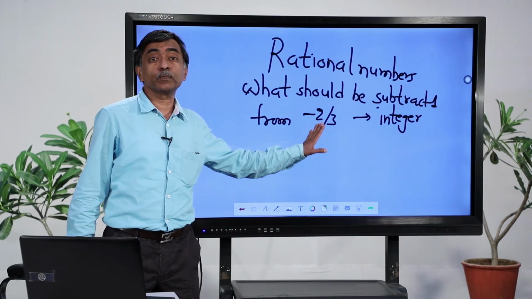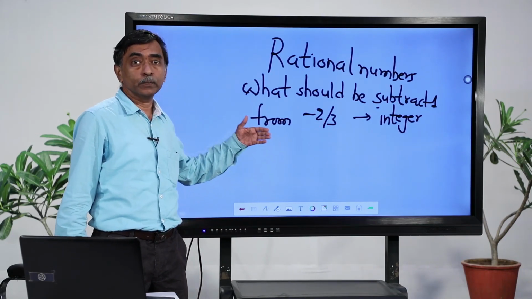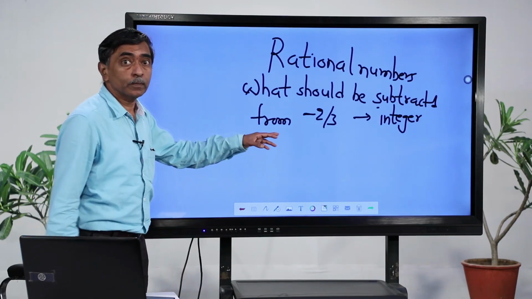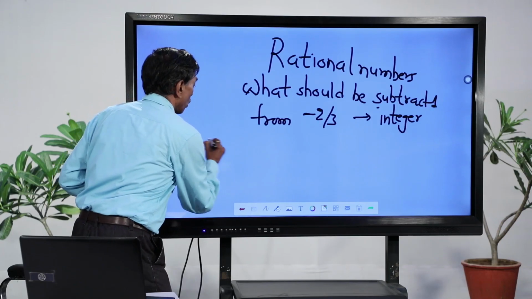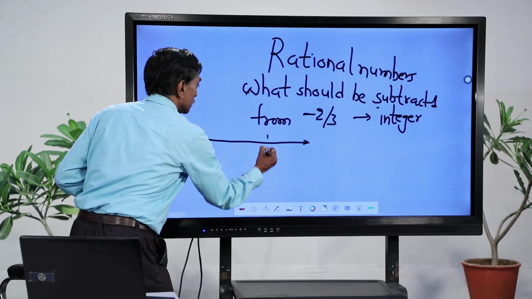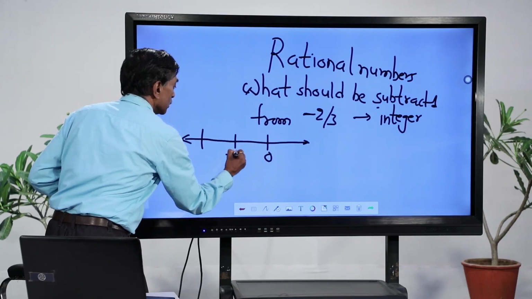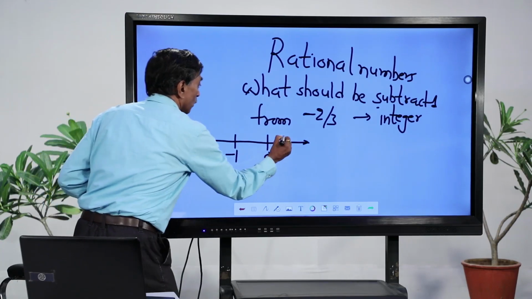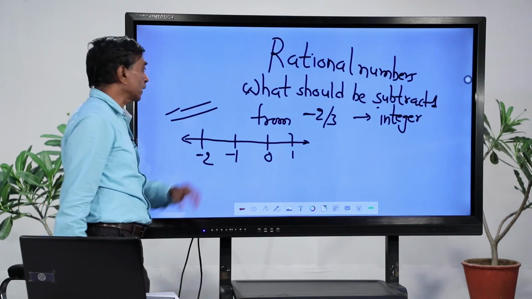Number line is the most powerful tool that helps us to simplify the problems, the thinking process. It is a visual thing that I am able to see here. So, let us draw a number line here, and on this number line I am trying to see what is the nearest integer to -2/3. This is -1, this is -2, of course, this is 1 and 2, and it proceeds on both sides infinitely.